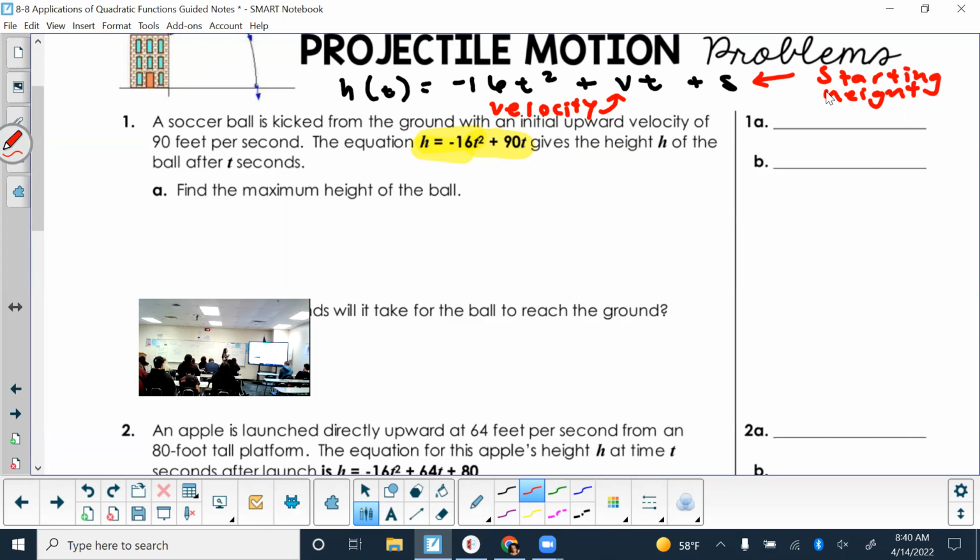All right, and when it says find the maximum height, where would the maximum height be on your parabola? Would it be down here? In the middle at the highest point. What do we usually call that in math?